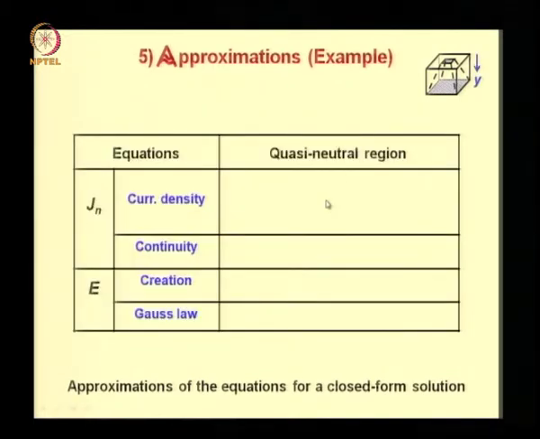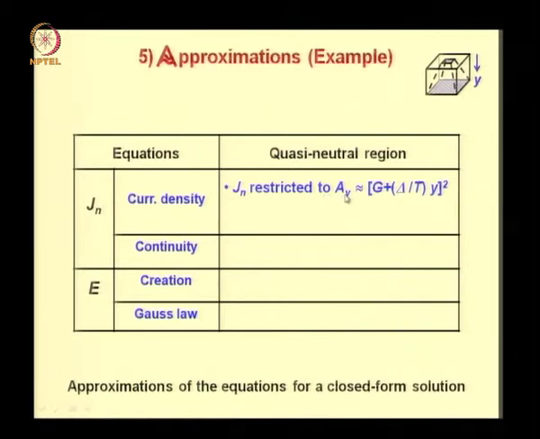Now let us put down those approximations in the form of this table. What are the approximations of the drift diffusion equation? The first approximation related to the current density Jn is that it is restricted to the area Ay, given by (g plus delta by t into y) the whole thing squared.